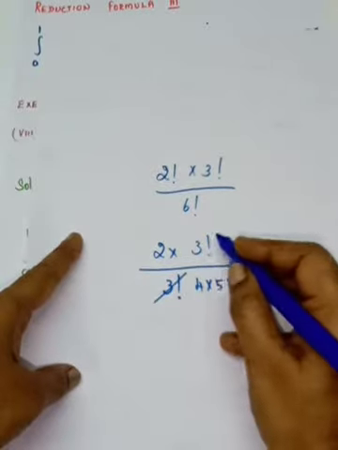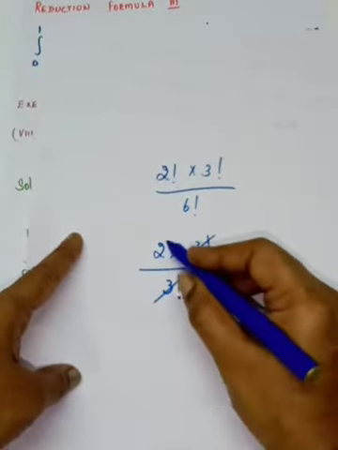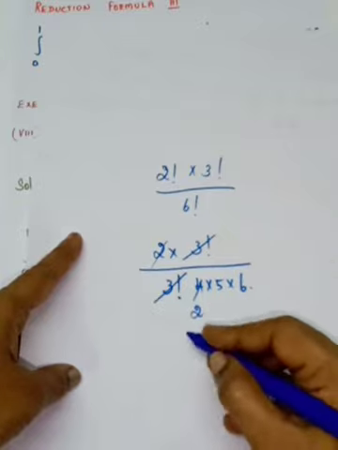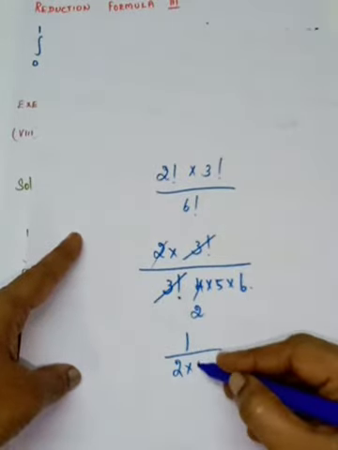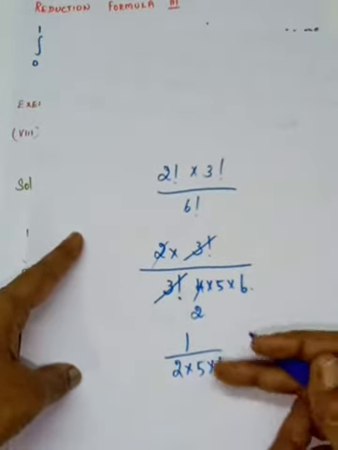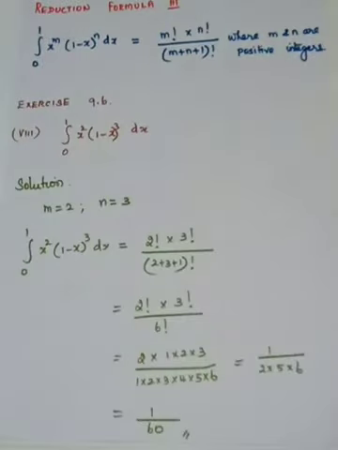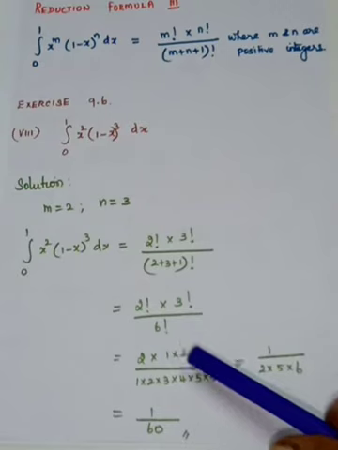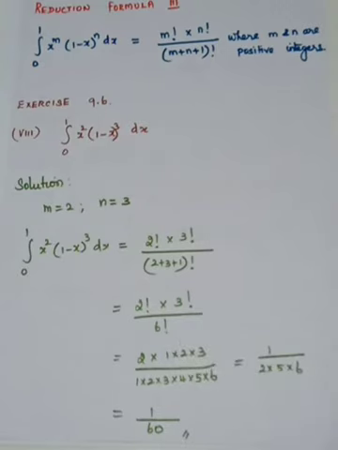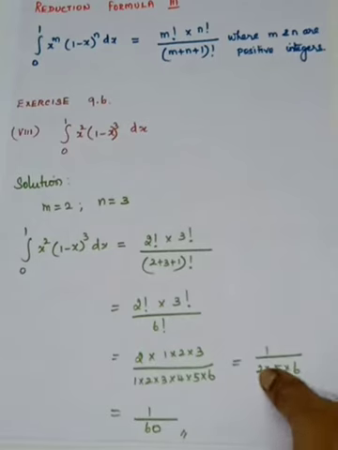Then 3 factorial gets cancelled, and this 2 and 4 get cancelled. You will get 1 by 2 into 5 into 6. That is 1 by 60. In this way also you can write. Otherwise you can expand the factorial fully, then cancel the terms, then bring the answer. So we have completed the reduction formula.